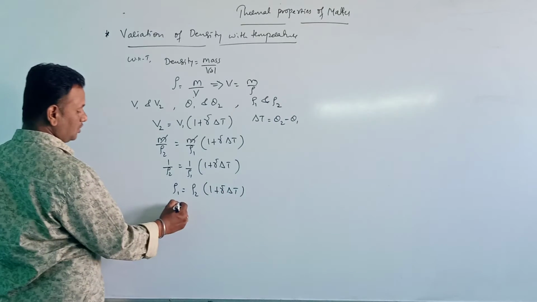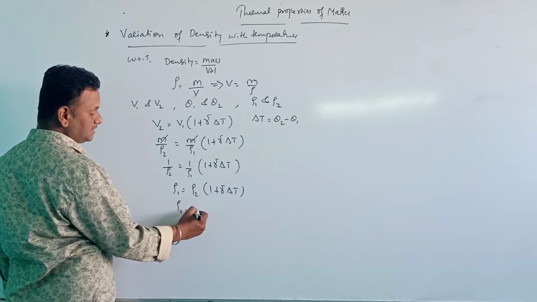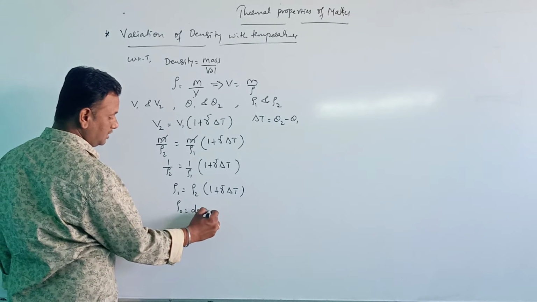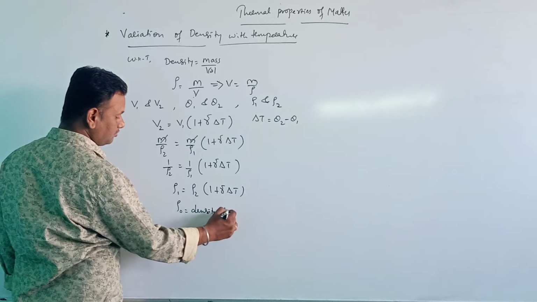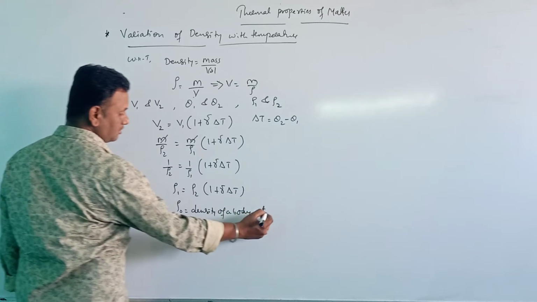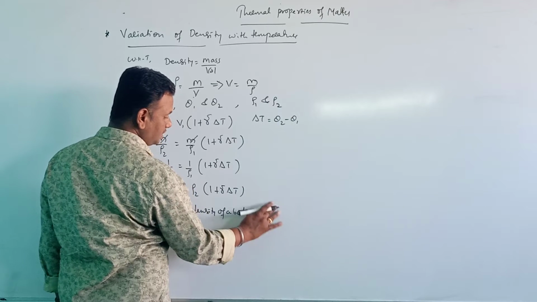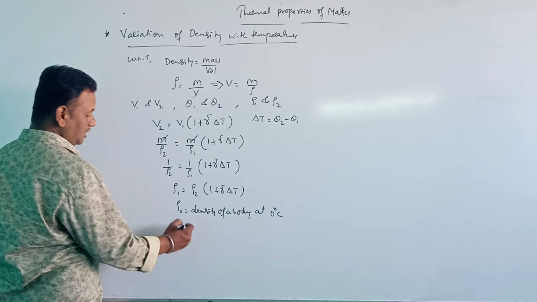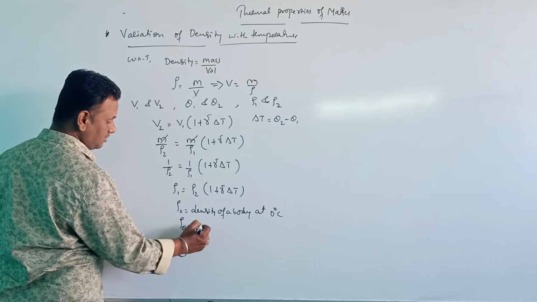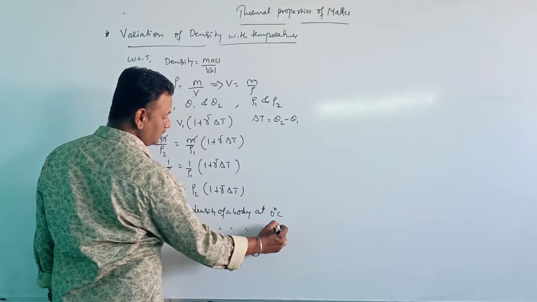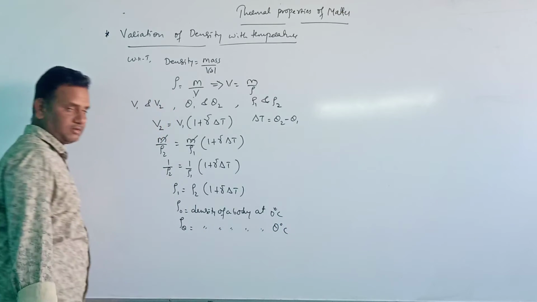Here rho naught is the density of a body at temperature 0 degree Celsius, and rho theta is the density of the body at temperature theta degree Celsius.